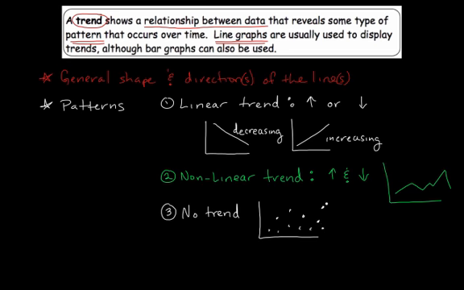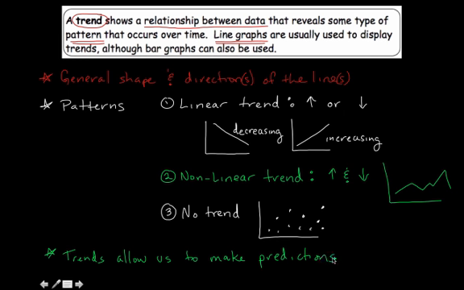Now you might be asking yourselves, well, what's the point of even looking for trends when we're looking at graphs? And that's an excellent question. The reason why trends are so important when we're looking at graph data is because trends allow us to make predictions about data.